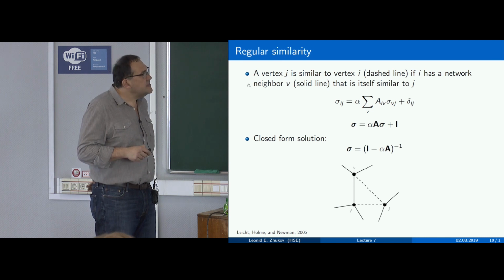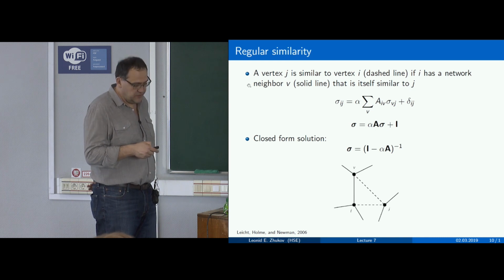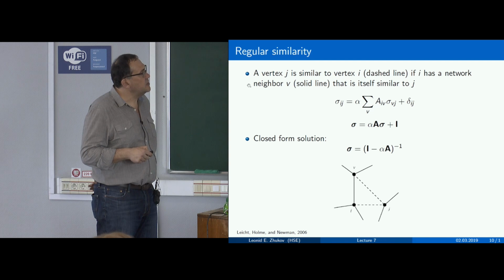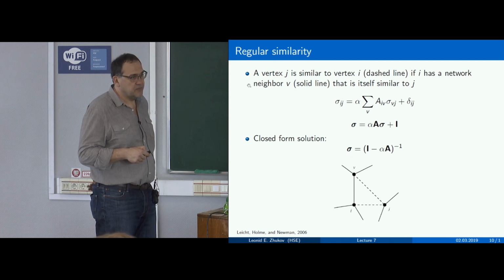Now, the advantage of this approach is that if you look at the previous definition, it is quadratic in terms of the matrix, so it is harder to compute. This one is linear with respect to the matrix. So you can take this equation and write it in the following way, and there's a closed form solution.